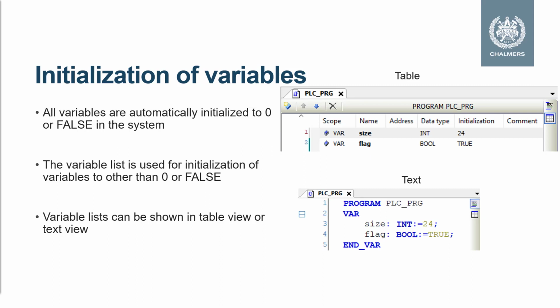I will show both the local and the global variable list in the next film where I show how to use Codesys. The variable lists can be shown both as a table and in text, where I declare the name, the identifier, the data type, and the initialization. In text, I have the name, colon, the data type, and then the initialization as colon equal, and then the number.